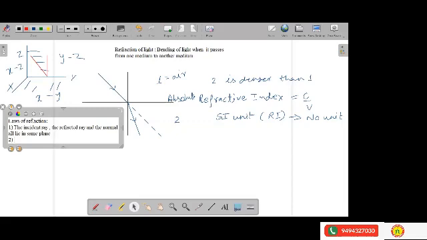So the rule says that the ratio of the sine of angle of incidence to the sine of angle of refraction is a constant, and is equal to the refractive index.